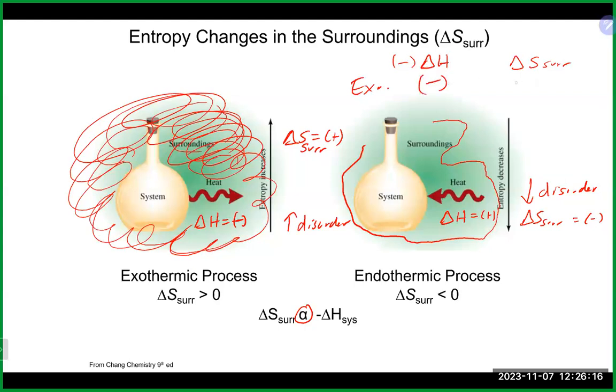Negative and negative equals a positive value for our delta S of the surroundings. If I have an endothermic process, the delta H is going to be positive. A negative and a positive will give us a negative value for our surroundings. So it's basically the opposite relationship as it gains that energy.